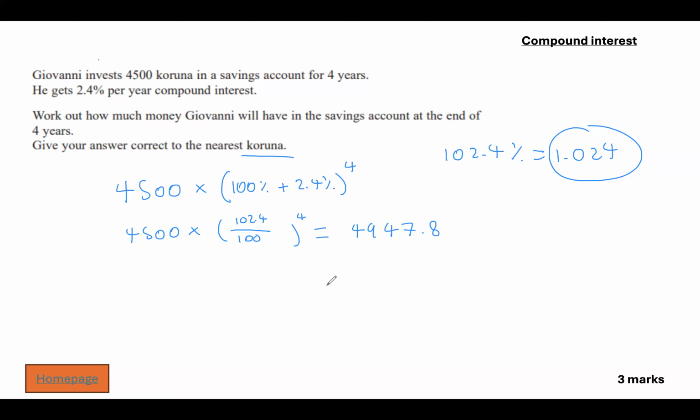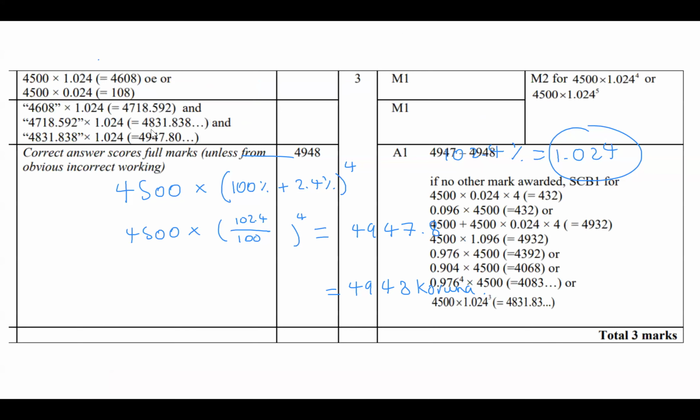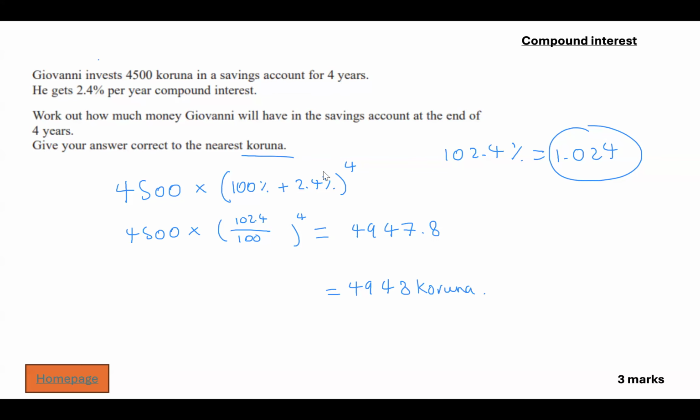So that is going to be 4948 korunas, not pounds. Just out of habit, I've written that. And that is your answer over here. And if we have a look at the mark scheme, 4948 is the correct answer.